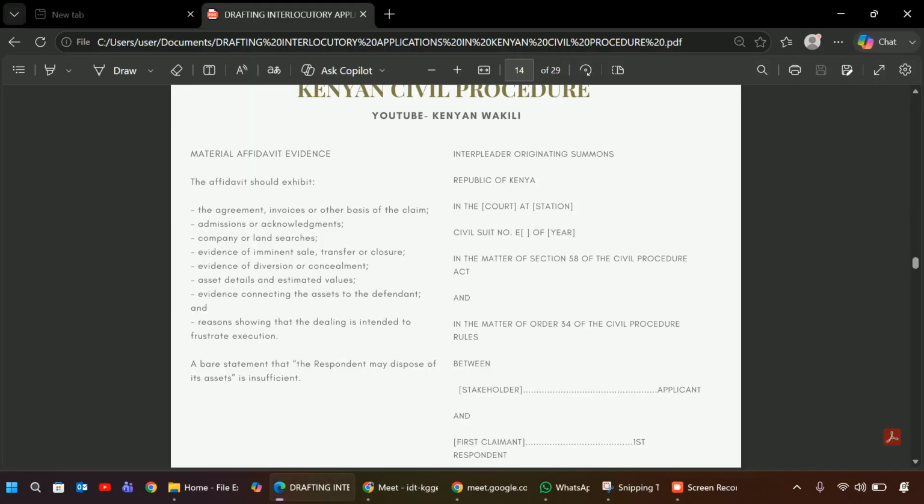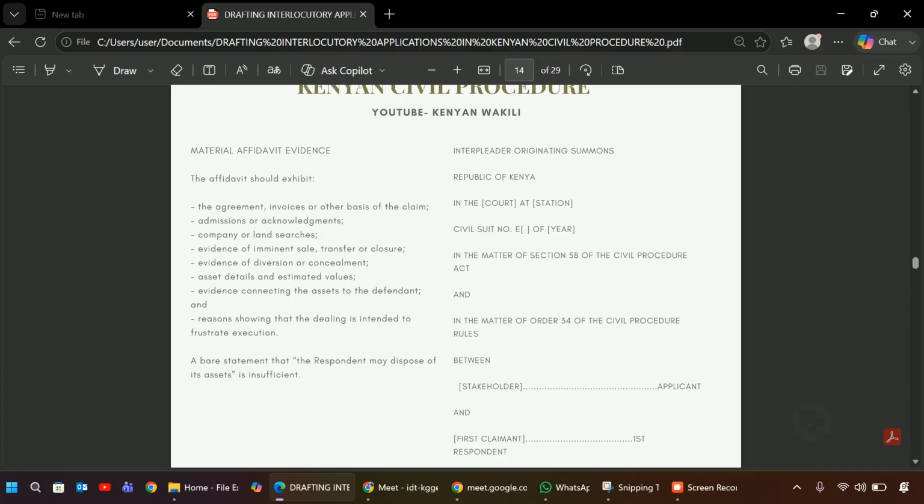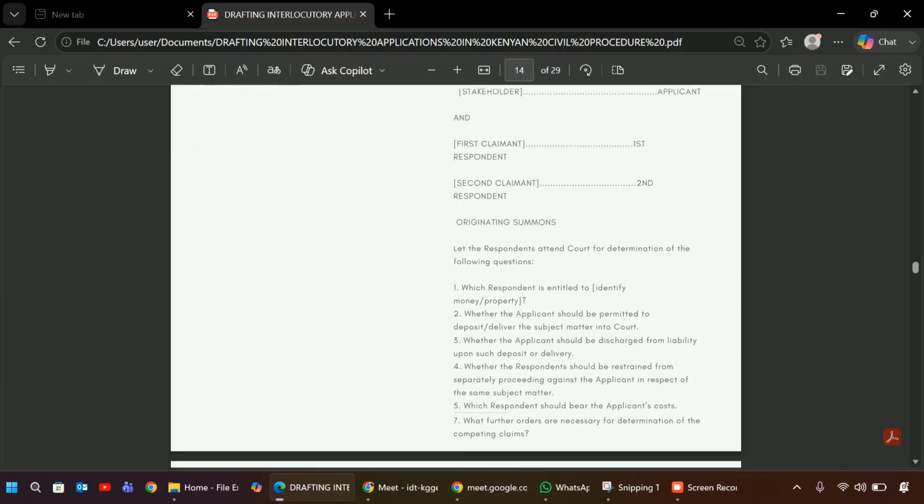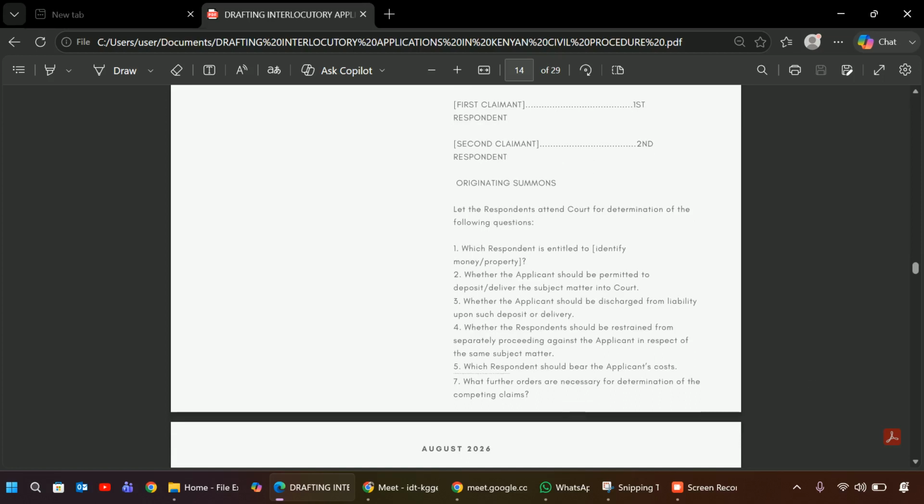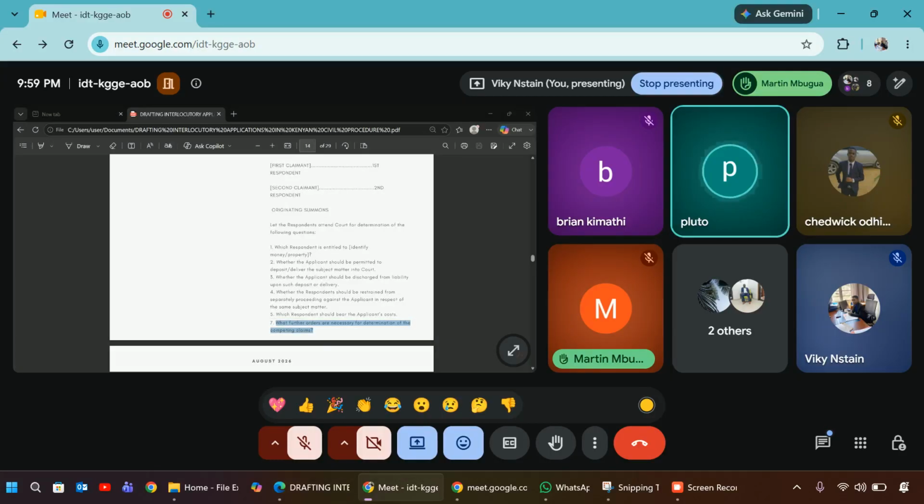What I mean, Mr. Martin, is that an originating summons is basically a form of initiating a civil suit, whereby the issues are not contested as much, and might not require viva voce evidence, that is, oral hearing. So instead of filing a plaint with accompanying documents like statements, and then certifying and setting down the matter for hearing, you can just file an originating summons because the issues are very direct.